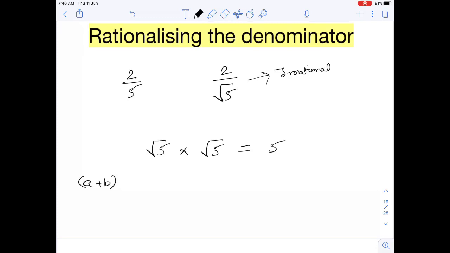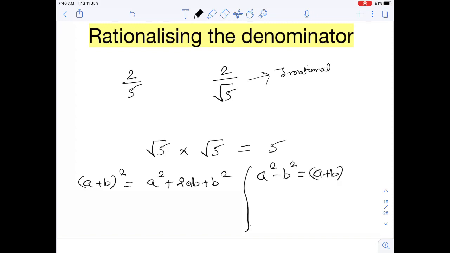(a plus b) whole square can be written as a square plus 2ab plus b square. Another rule, a square minus b square can be written as (a plus b)(a minus b).